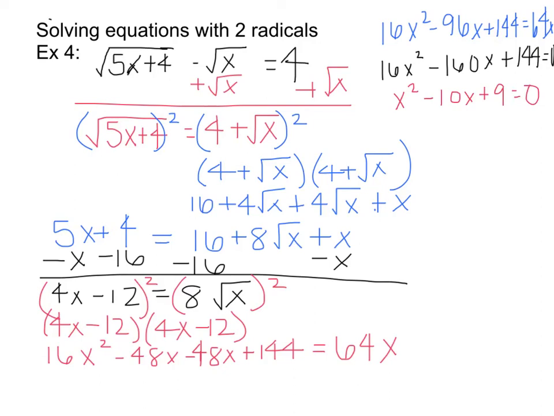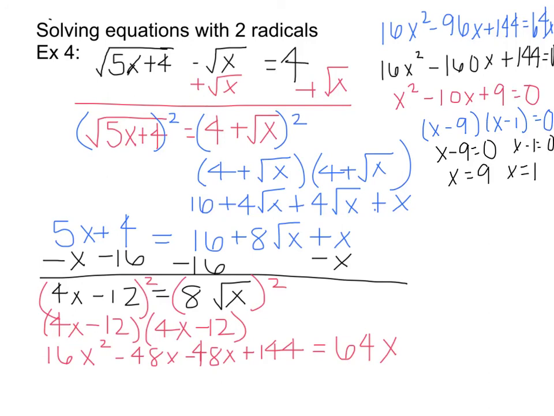So numbers that multiply to 9 that add to negative 10 are going to be minus 9 and minus 1. Okay, use your zero product property and set them equal to 0. So that gives you x equals positive 9 and x equals positive 1.